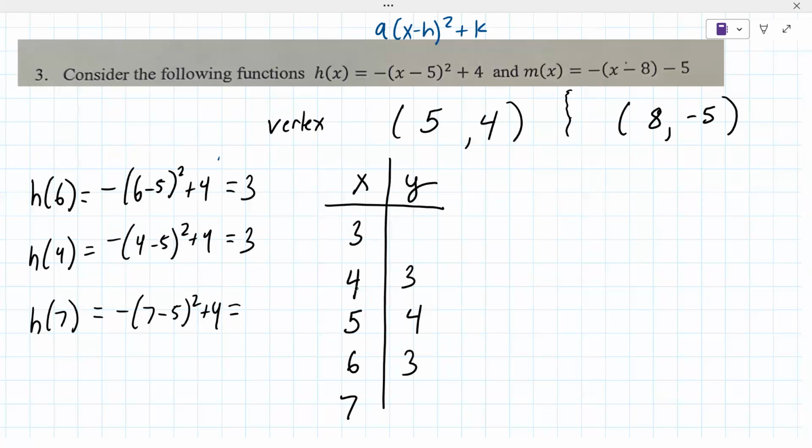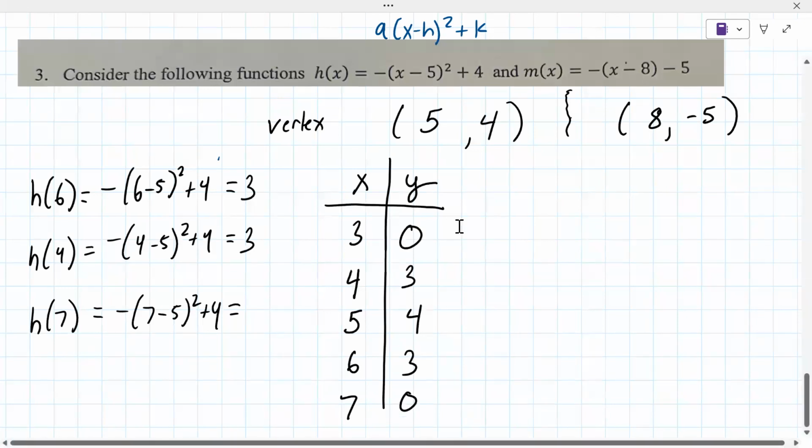Is it 0? Which means the other one is 0.